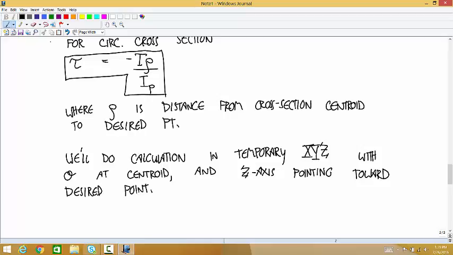Then we'll just use rotation matrices to re-express it in the coordinate system we want. So then we'll use the Q matrix to express it in the correct coordinate system.